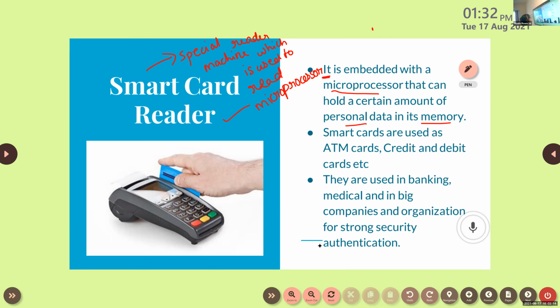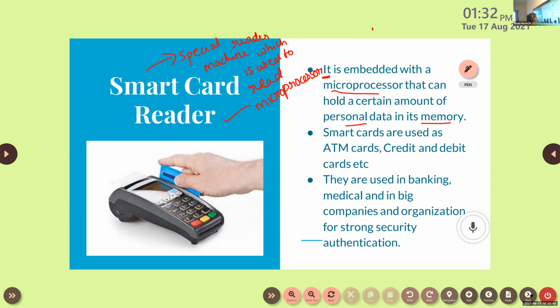So what is the use of smart card reader? It is used for reading the microprocessor, which holds our personal data in its memory. Is that clear? Yes, ma'am. Okay. Shall we move to the next topic?